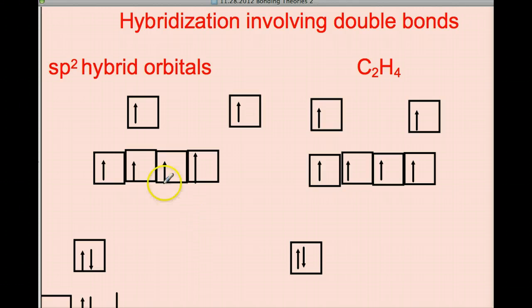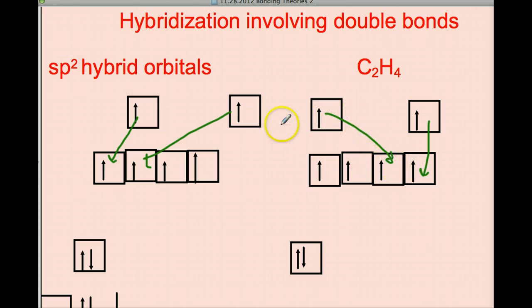So like last time, I could move this into here, and this electron can share with this electron. And just for symmetry's sake, let's say I move this electron in here, which will then allow these two to share. Once again, I can create this electron bond right here so that these 2 electrons can share orbitals. And again, for symmetry, these electrons right here can share.